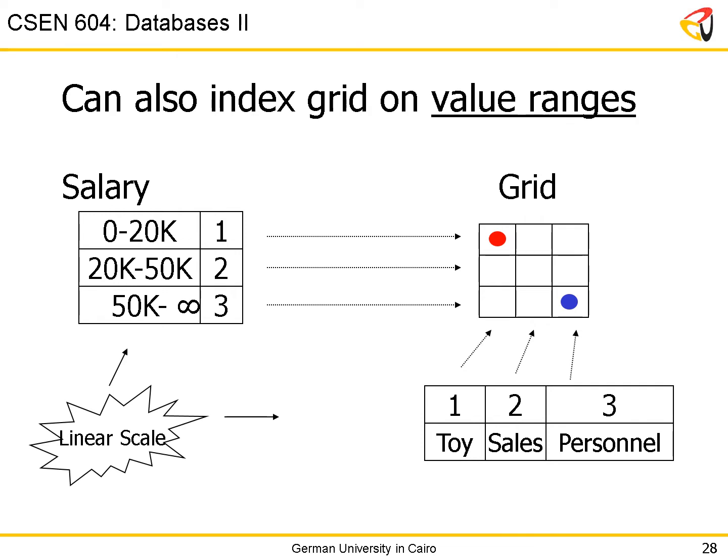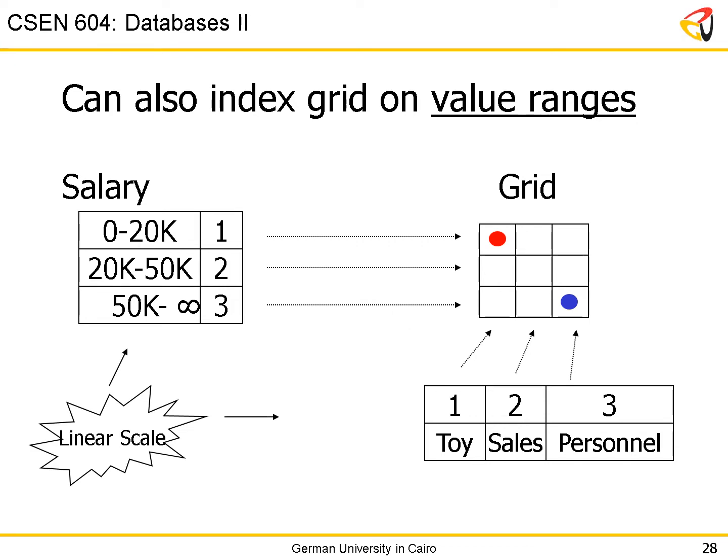Now again, the dimensions of the grid are coming from the columns. What if the column values are not numeric? Well, you can assign them some numeric value, or you can put labels on every dimension to signify what it stands for.